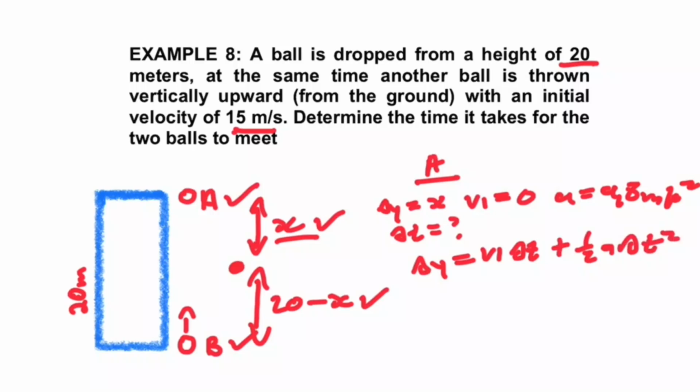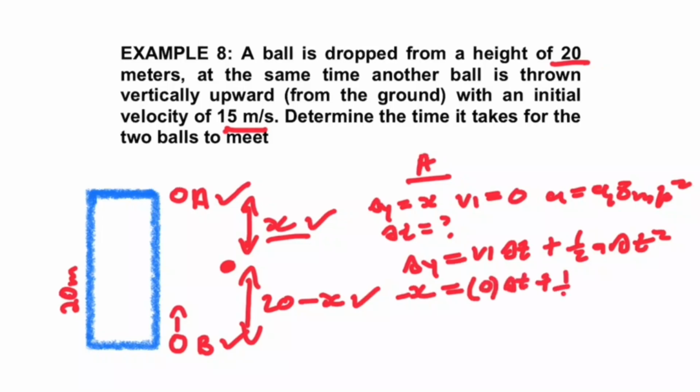So delta y is x meters, right? If we take up as positive, then that should be minus x, being equal to VI multiplied by delta t. VI is 0 multiplied by delta t, plus a half. The acceleration is minus 9.8 delta t squared.